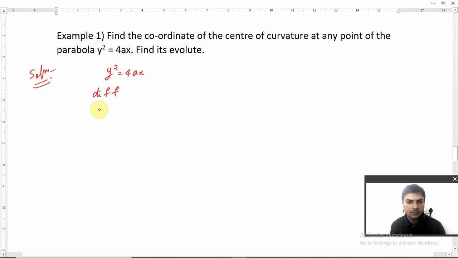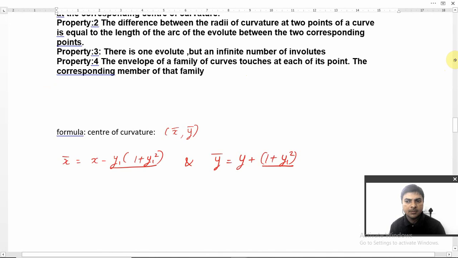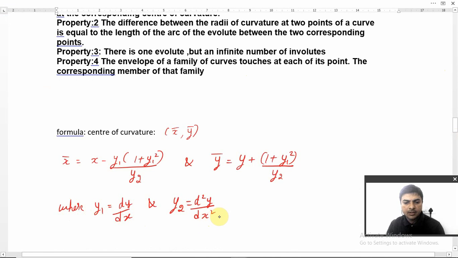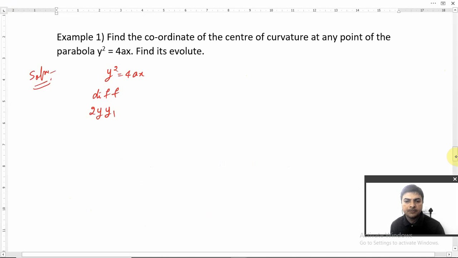So we are going to take y1 as dy by dx, and y2 we are going to take as d square y upon dx square. So this is what we are going to consider as y1 and y2.